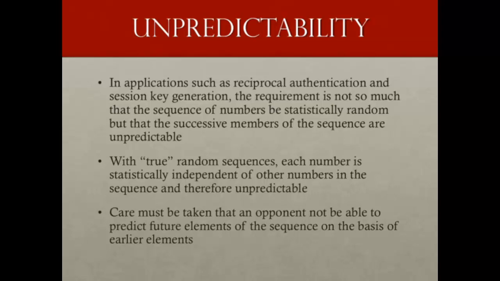However, as is discussed shortly, true random numbers are not always used. Rather, sequences of numbers that appear to be random are generated by some algorithm. In this latter case, care must be taken that an opponent not be able to predict future elements of the sequence on the basis of earlier elements.